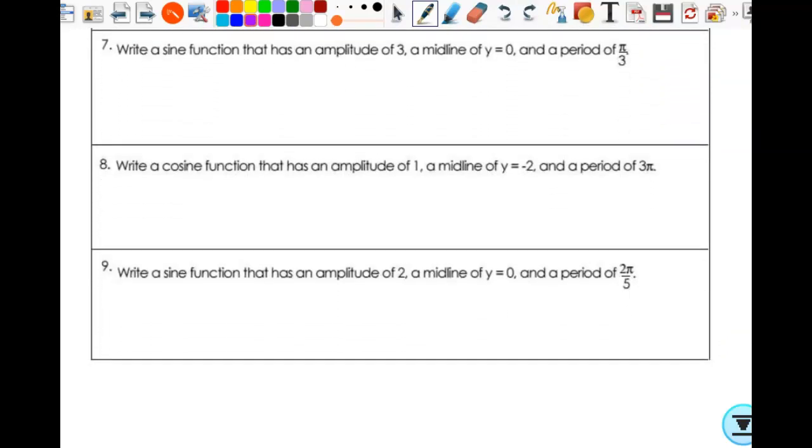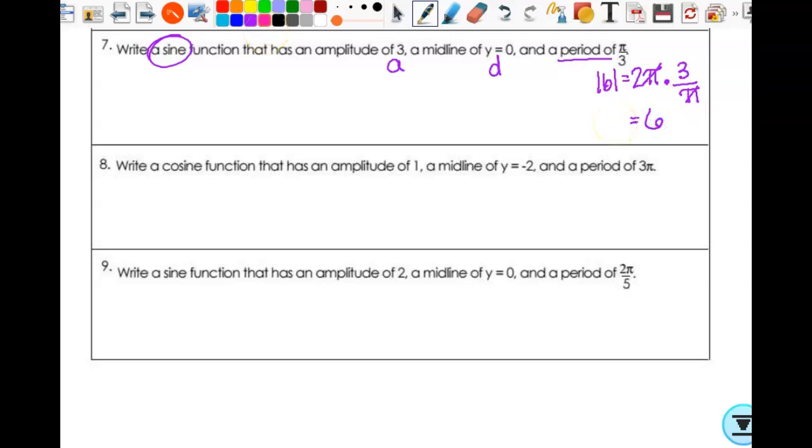Let's look at 7. A equals, so this is sine. Amplitude is 3, that's A. Midline is 0, that's D. The period of pi thirds, so the absolute value of B is equal to 2 pi divided by pi thirds, so that's times 3 over pi, which is going to give me what? 6.